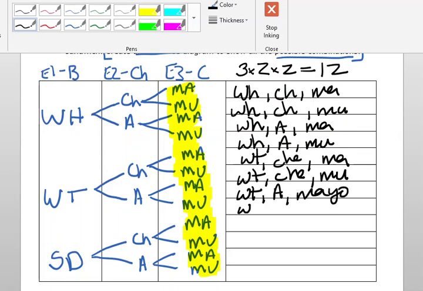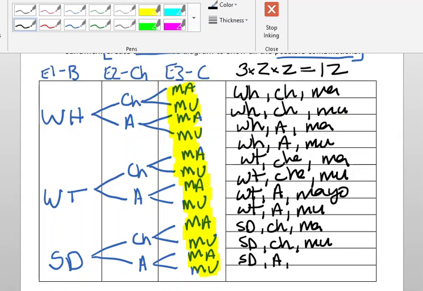Oh, I didn't mean to write that out. Wheat, American, mustard; sourdough, cheddar, mayo; sourdough, cheddar, mustard; sourdough, American, mayo; sourdough, American, mustard. Cool, so I've got my tree diagram.